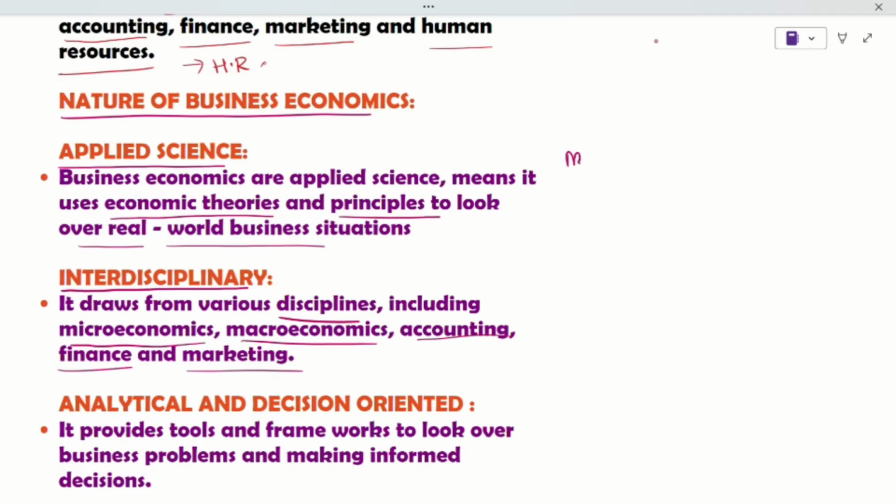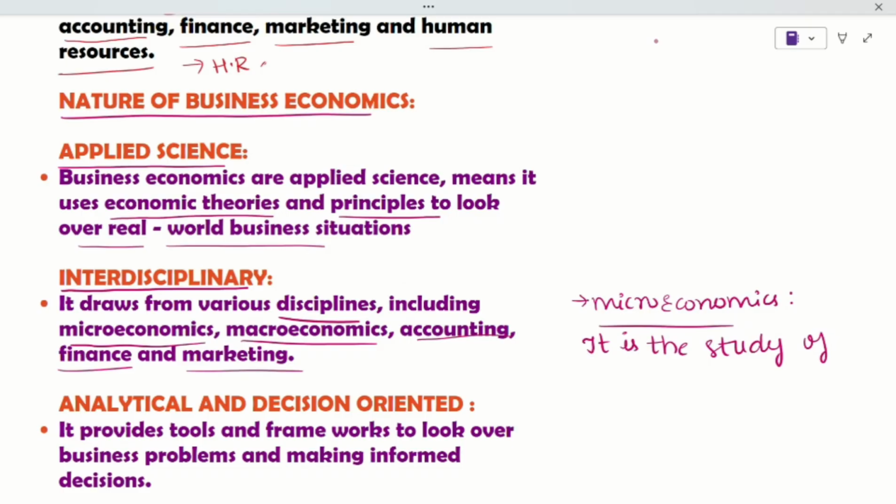And what do you mean by microeconomics? It is a study of how individual households and firms make decisions. Before this I said firm is a company or a business. It allocates resources within specific markets, focusing on individual choice.